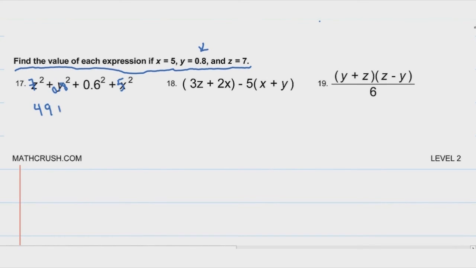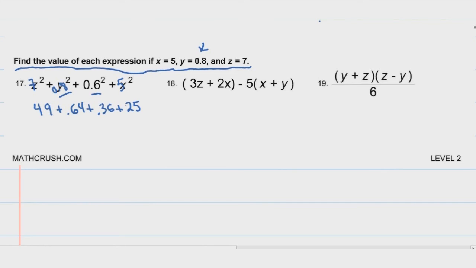We're going to do plus 8 times 8 is 64. But when you multiply, you're going to have 2 digits to the right of the decimal, so we need a decimal there. Then we're going to have 6 times 6, which is 36. And again, you're going to have 2 digits to the right of the decimal, so the decimal is right there. Then you have 5 times 5, which is 25.